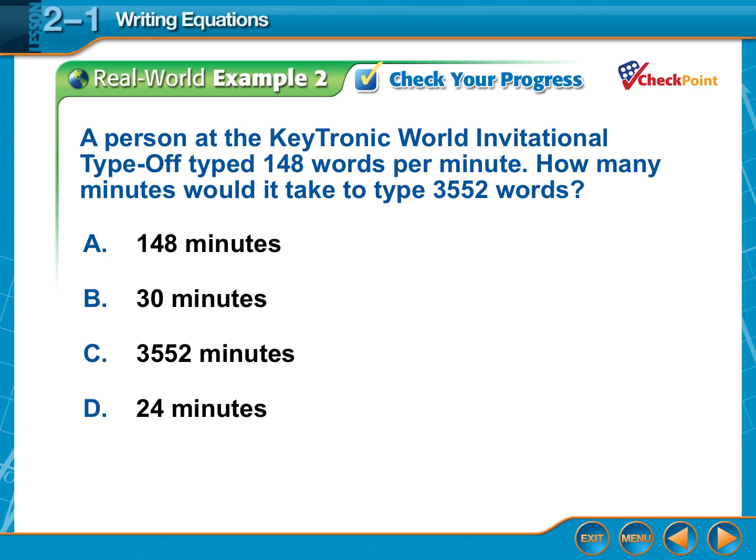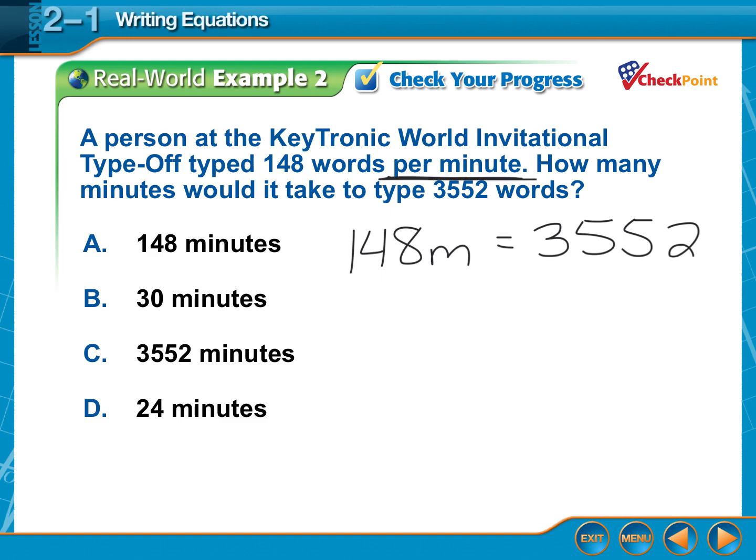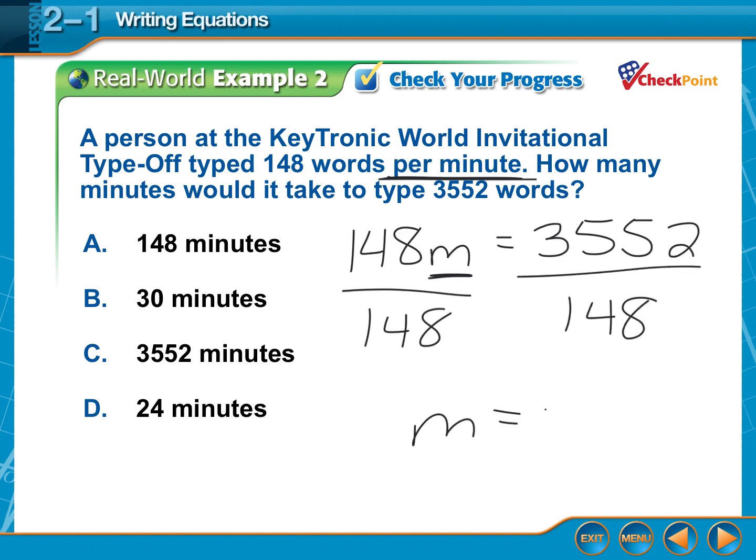I put 148 M for minutes, and then I just put that equals 3,552. Yep, I like that. When you see per minute, per means multiply. So represent that by a variable. And then our last step to get M by itself would be what? Divide by 148 on both sides. What did you guys get? 24. So M equals 24. Good.